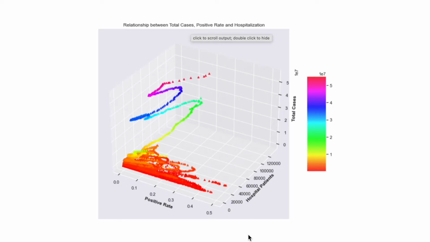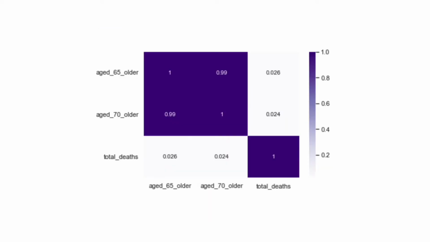This allows us to view the positive rate along the x-axis, the hospital patients along the y-axis, and the total cases along the z-axis. This can help us easily decipher and quickly understand the correlation between all of the data presented.